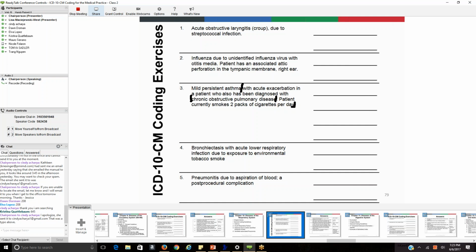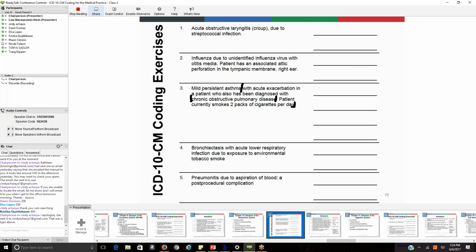We have tobacco dependence and tobacco use. So we have F17 and the Z72 would be the two tobacco related codes that we would use in the 3 and 4 spots.